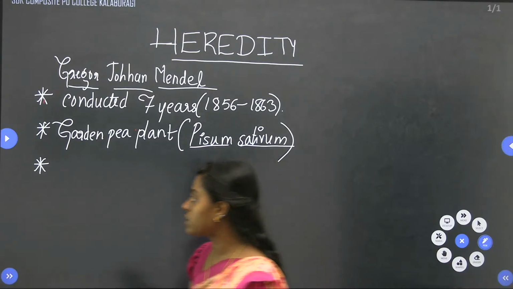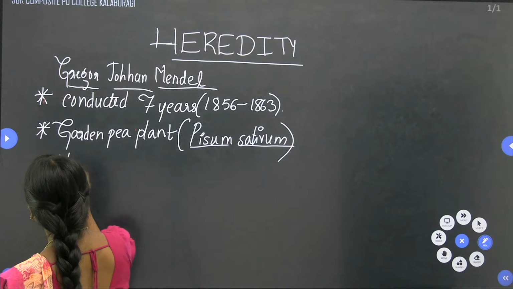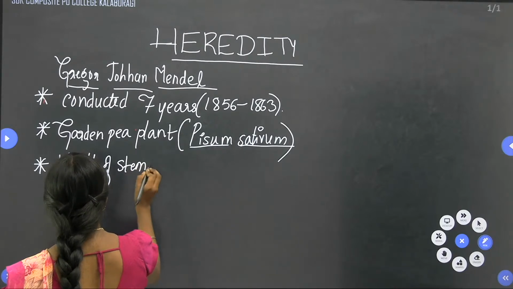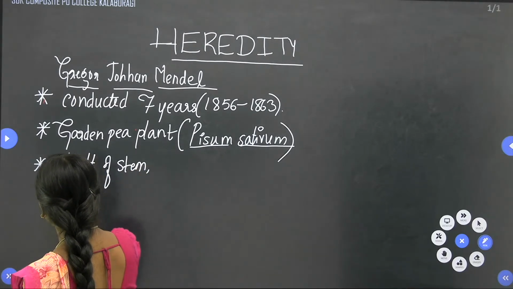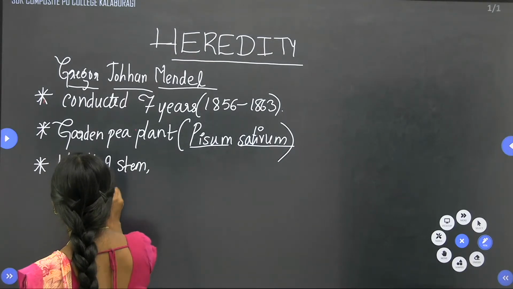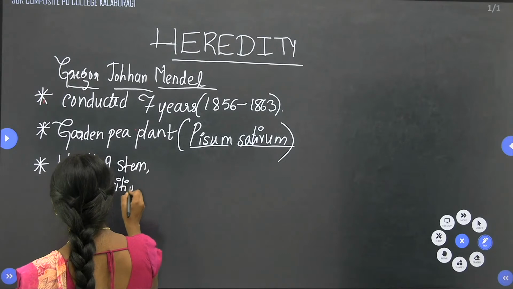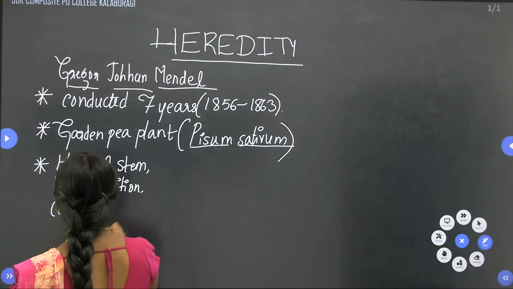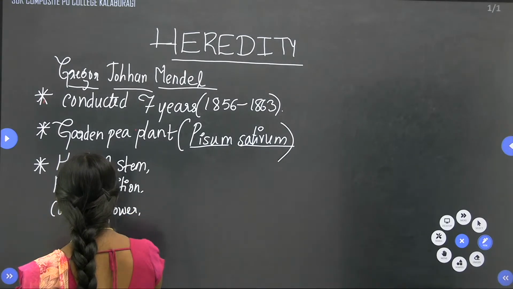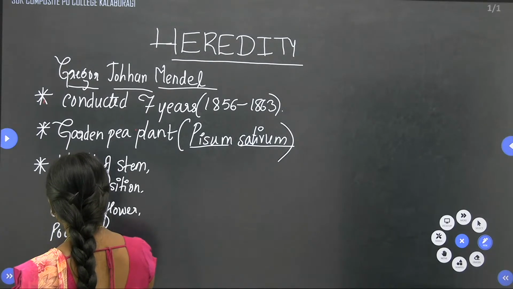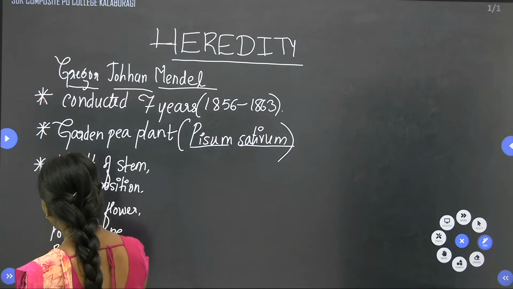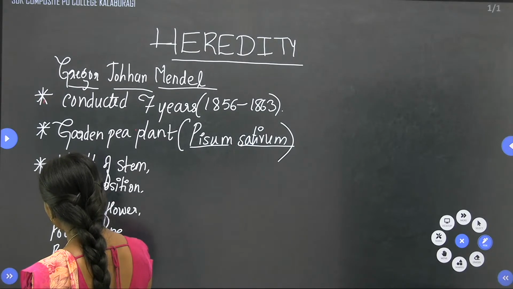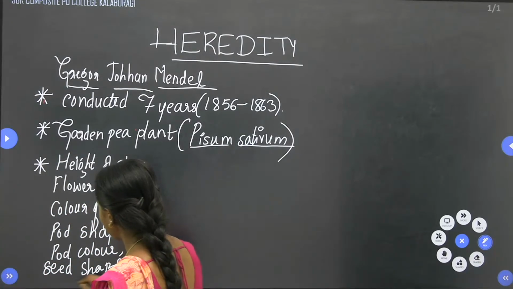So he selected 7 characteristic features such as height of the stem, flower position, color of the flower, pod shape, pod color, seed shape and seed color.